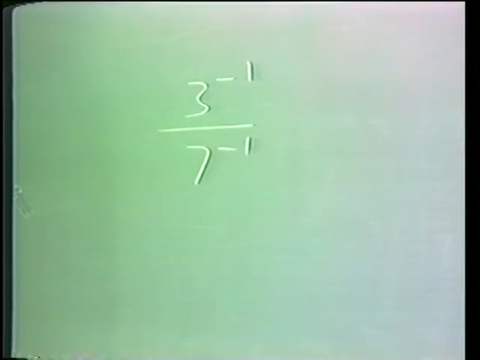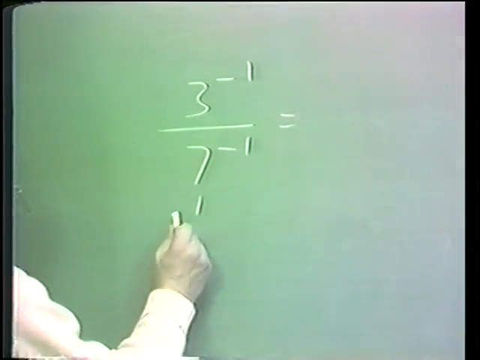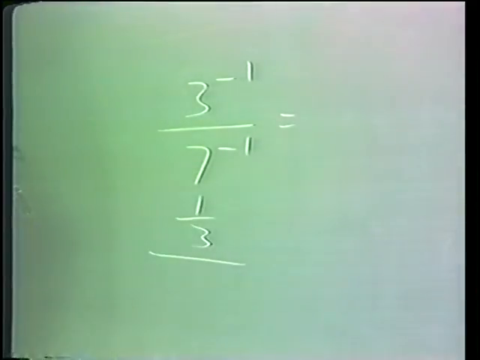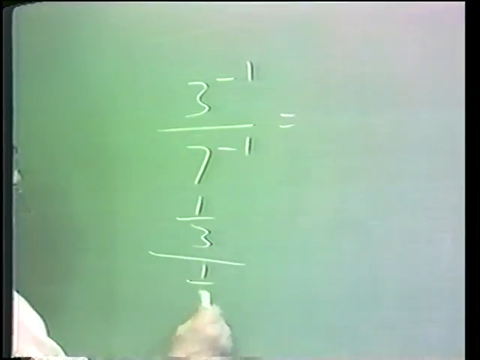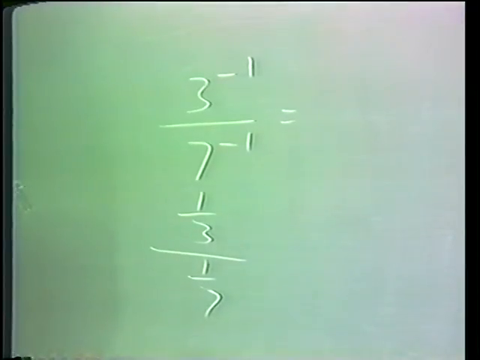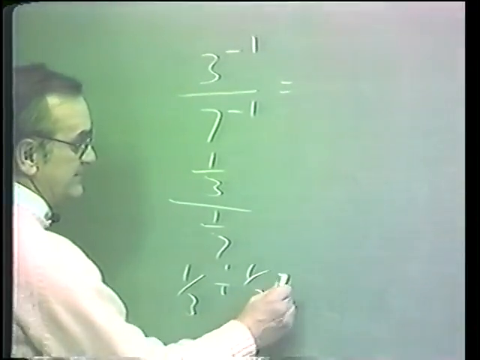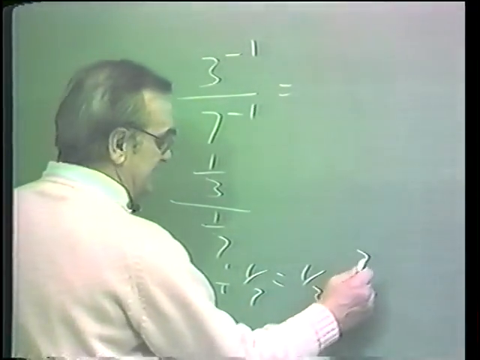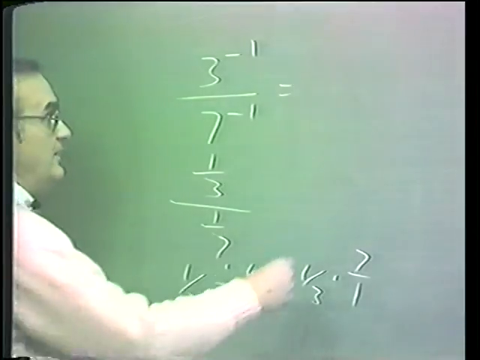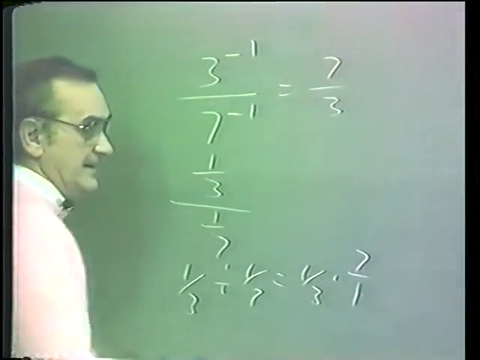Okay, did you get an answer? 7 over 3. 7 over 3 is correct. The way we get this, we want to get rid of negative exponents. We have 3 to the negative 1, that's 1 over 3. We have all over 7 to the negative 1, which is 1 over 7. So what we have is 1/3 divided by 1/7, which is equal to 1/3 times 7 over 1. And multiply the tops, multiply the bottoms.